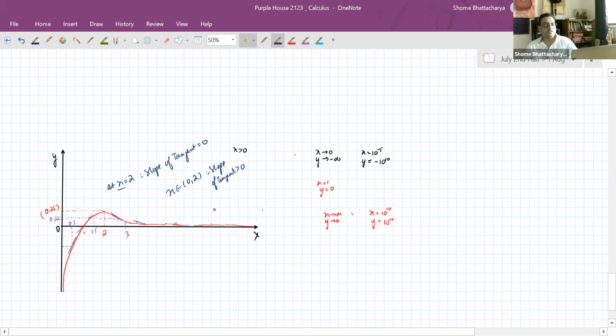It's tending to 0 as x tends to infinity. So for x belonging to 2 to infinity, the slope of the tangent is negative. And you can also see that at x equal to 2, there is a peak point. That peak point's coordinates are 2, 0.25. The y coordinate is 0.25, the x coordinate is 2.